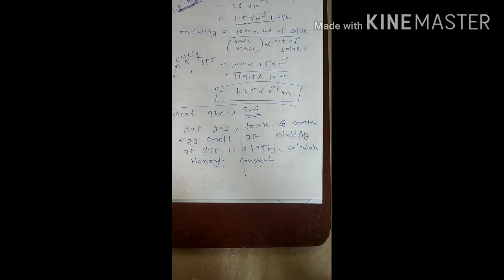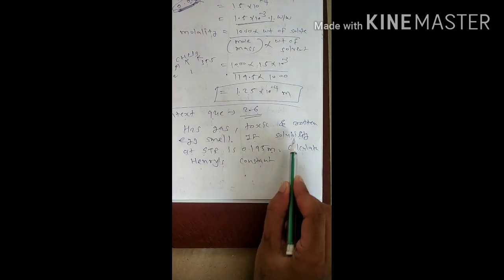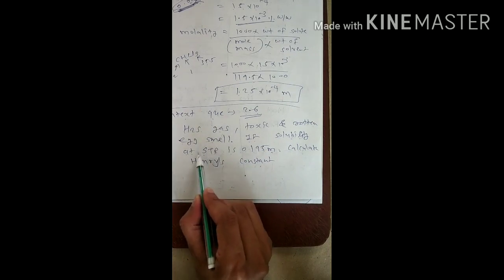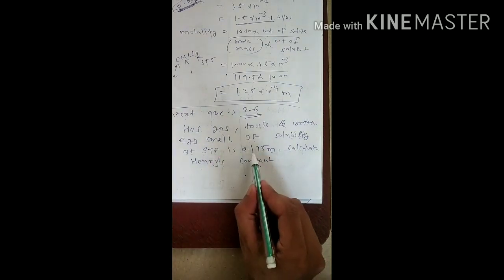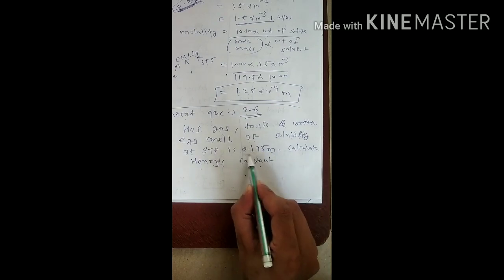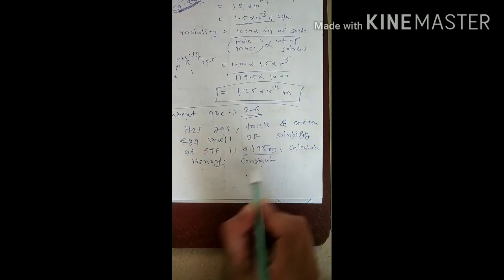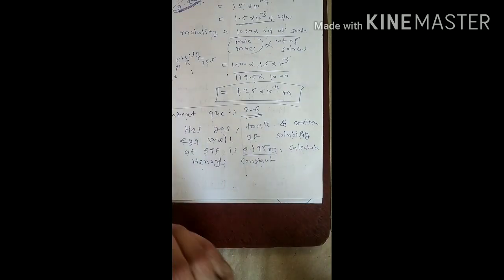What is given? Solubility at STP, standard temperature and pressure, is given to you. The solubility is 0.195 molar. Small m means molar. So you have to find out the value of KH, Henry's constant.